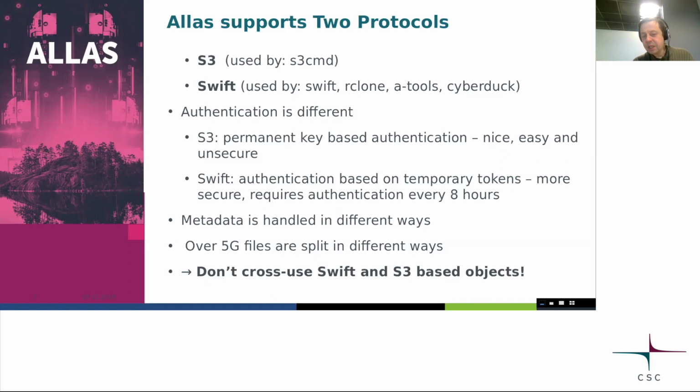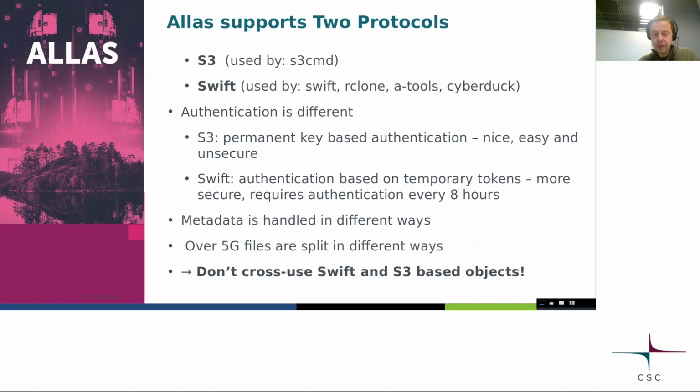However, Swift and S3 do this splitting in slightly different ways. So you cannot rely on it: if you have uploaded a large data set to Allas using Swift, it's not sure that you can download it with S3, and vice versa.